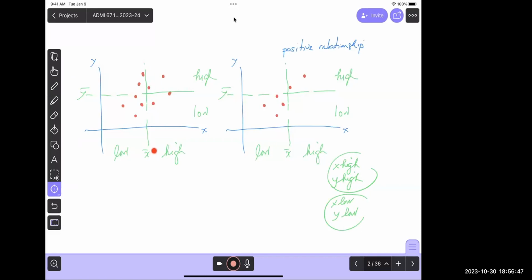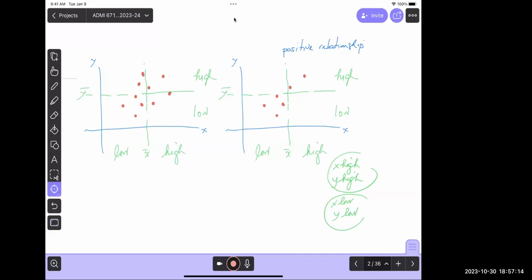When it's ambiguous, like this one, when x is high, y is in both. When x is low, the tendency is for y to be low. There are 4 observations here and only 2 here. So this is moderately positive, right? Because it's not clear if x is high, but it's clearer when x is low, although not perfect.